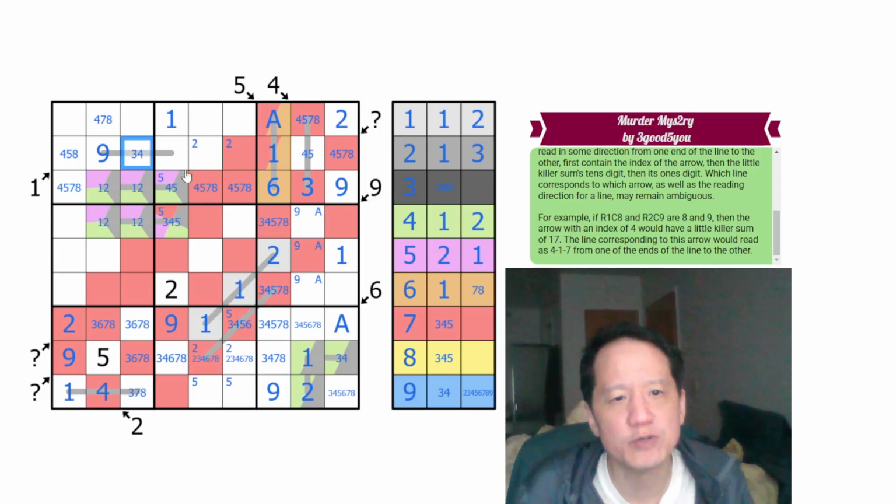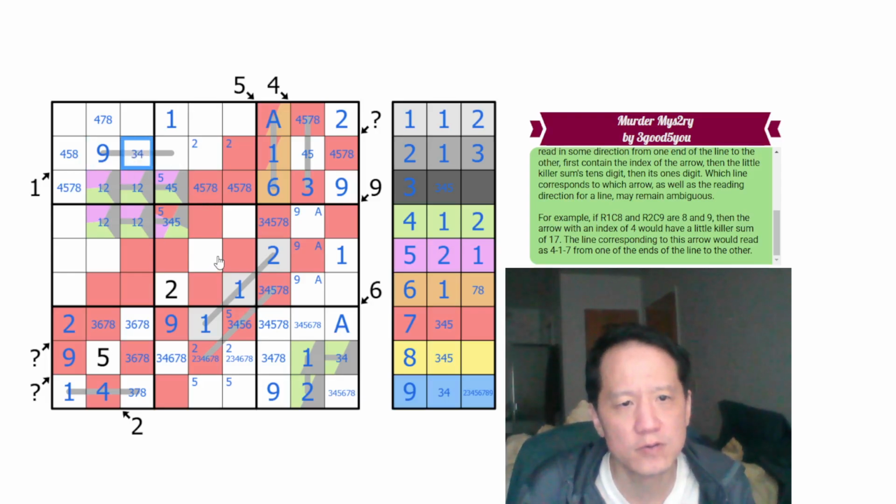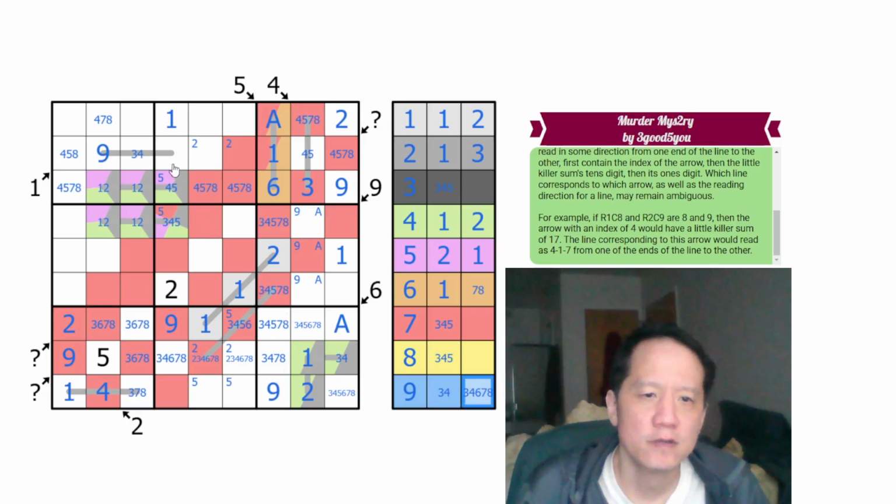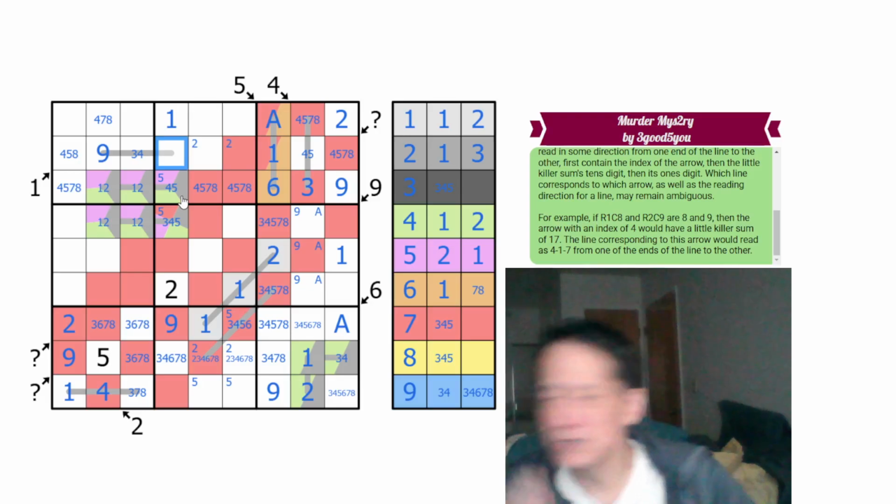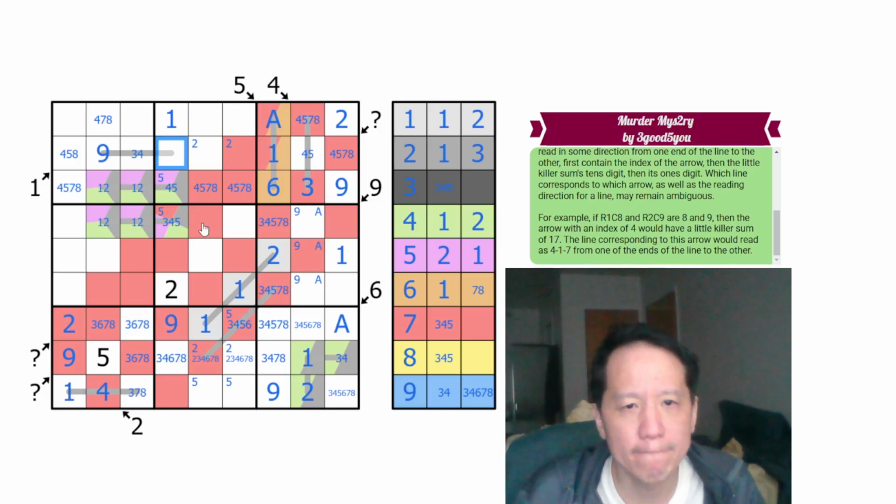So this must be 3 or 4 here. This can't be 5 or 2 or 9. It still could be 3, 4, 6, 7, or 8, though.